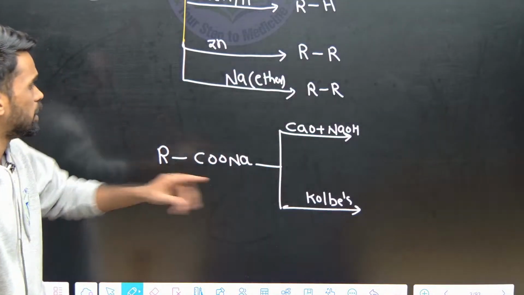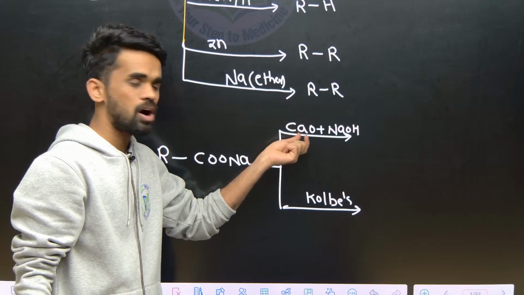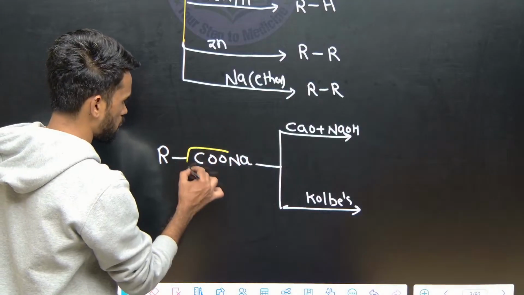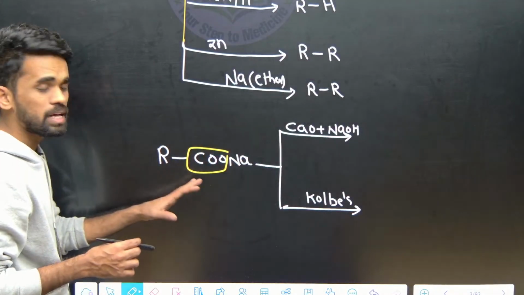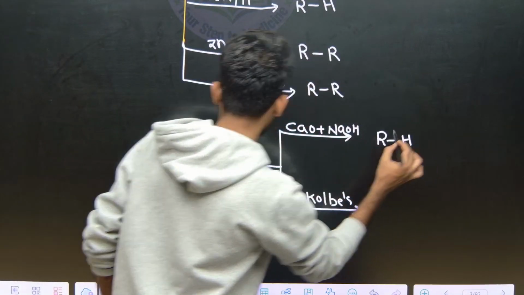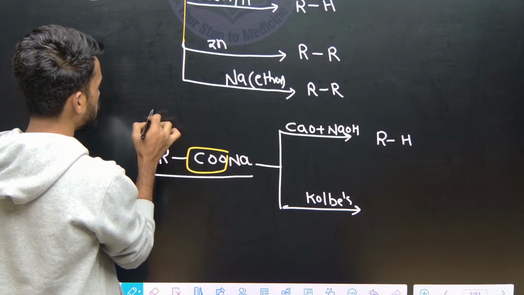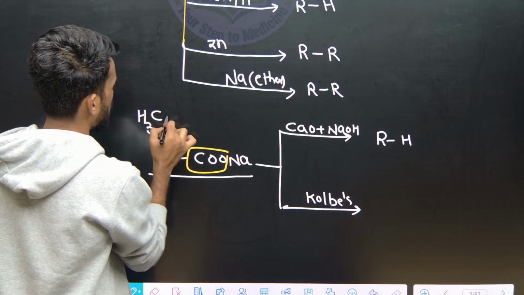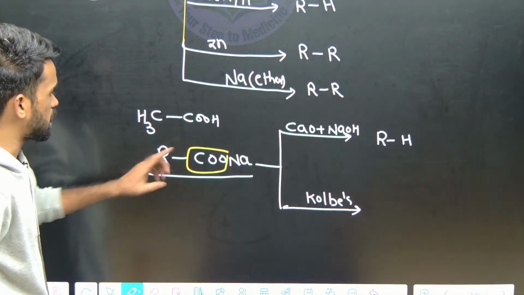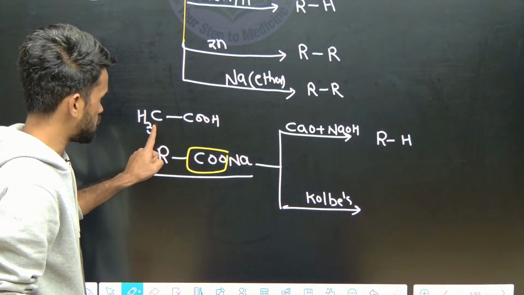Whenever we do decarboxylation using calcium oxide and NaOH, this is called soda lime. Just remove the CO2 part from the carboxylic acid, and the remaining RH will be your product. For example, if I take acetic acid and treat it with NaOH, sodium acetate forms.